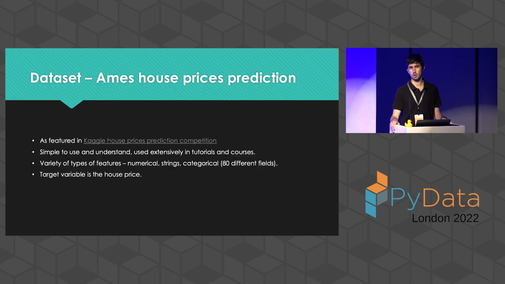It's a data set on houses in Iowa, United States, and different features about them, how much they were sold for, and that's what we're trying to predict. It's simple to use and understand. There's a variety of features, about 80 in total, from different types, and that is useful for our case because that's what we'll be trying to check, different types and so on, and how we are using them.